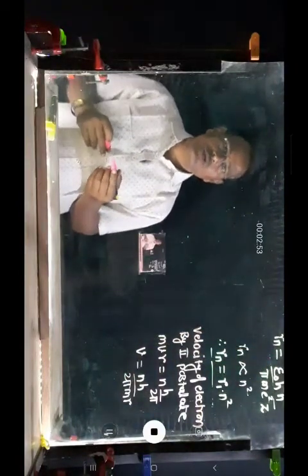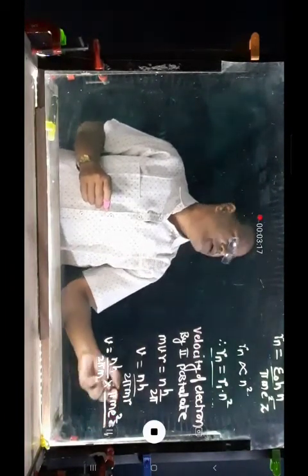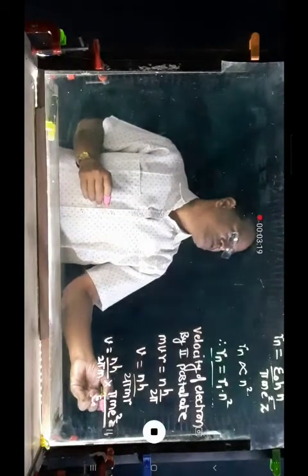Use the radius of Bohr's orbit in this relation. We can write velocity is equal to n into h divided by 2 pi m, into the radius, which is epsilon naught h square n square divided by pi m e square Z.